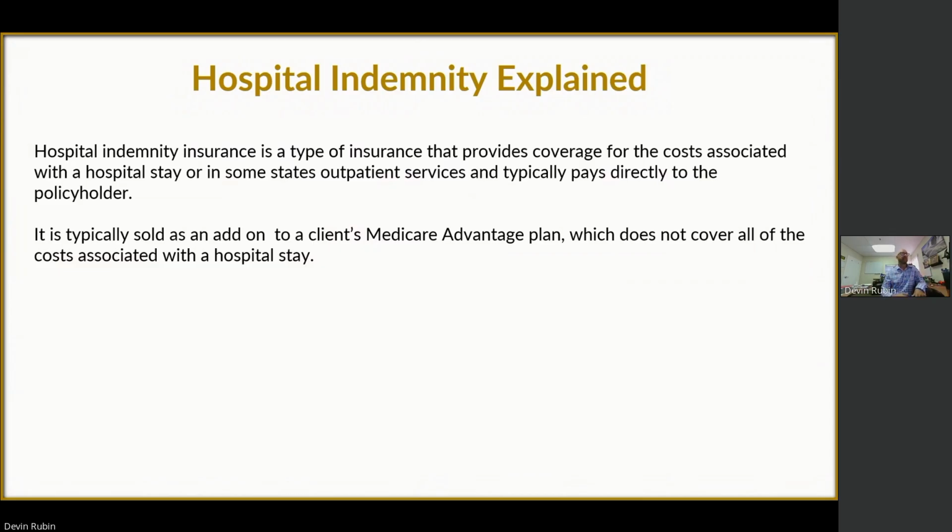They're going to get a benefit based on the benefit that they choose. We will have to submit a claim form that they were hospitalized, and then the insurance company is simply going to send them a check based on the policy that you wrote. We know that a hospital indemnity plan is a fantastic add-on to your client's Medicare Advantage plan.